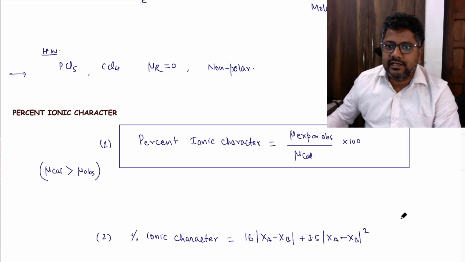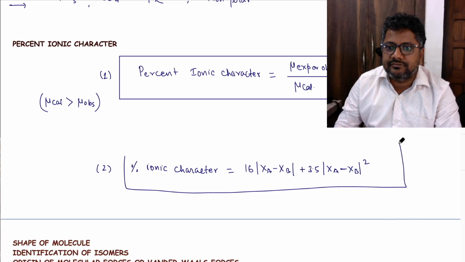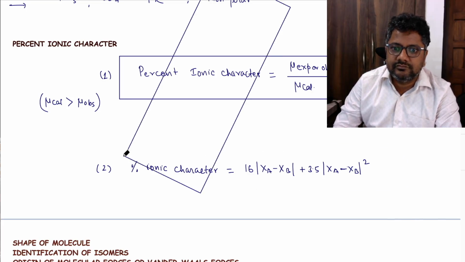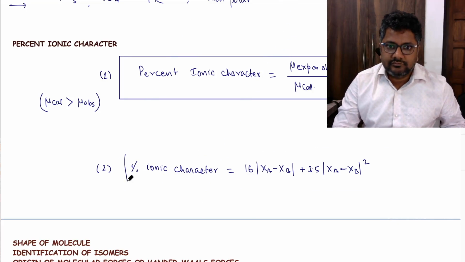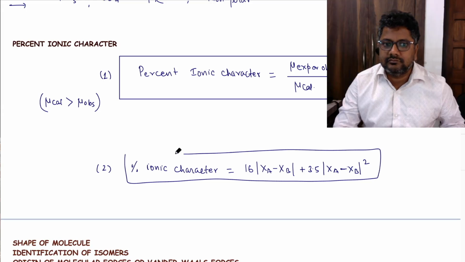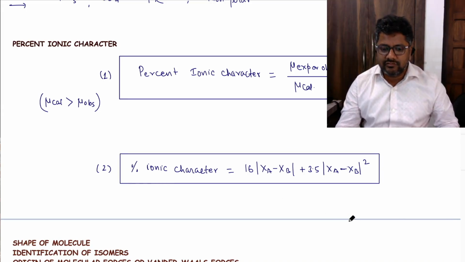So this is another formula for the calculation of percent ionic character, right? So these two formulas you can use.